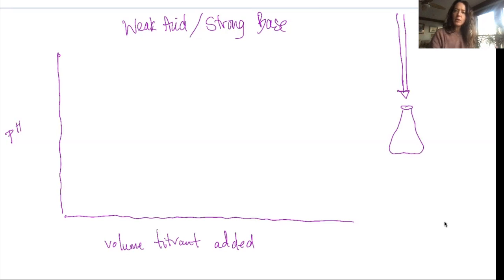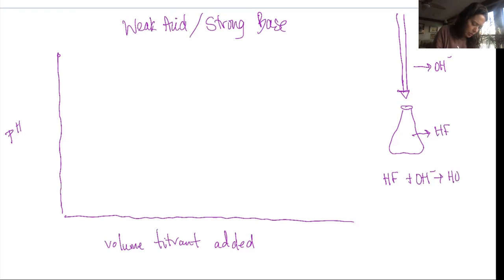Okay. There's my scenario. Remember up here, we're going to have hydroxide ions, very strong base. Down here, this time, we're going to have a weak acid. Remember, weak acids like to stay together. When this reaction occurs, we will have HF plus OH yields HOH plus F minus.